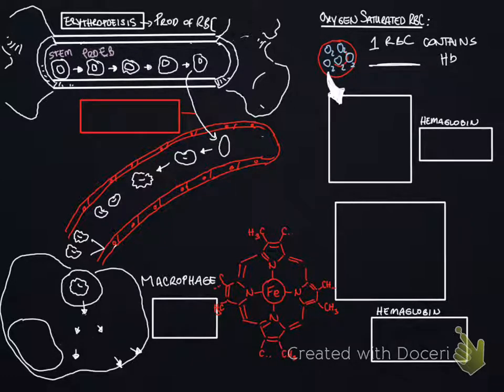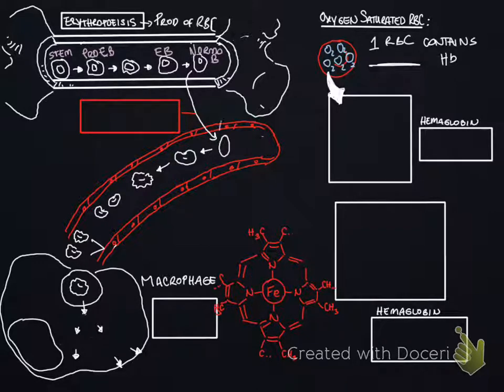Then it becomes an early erythroblast. Then finally an erythroblast. And then a normoblast. These crazy names. And once it becomes a normoblast, it stays here and is termed a reticulocyte for about 3 days.